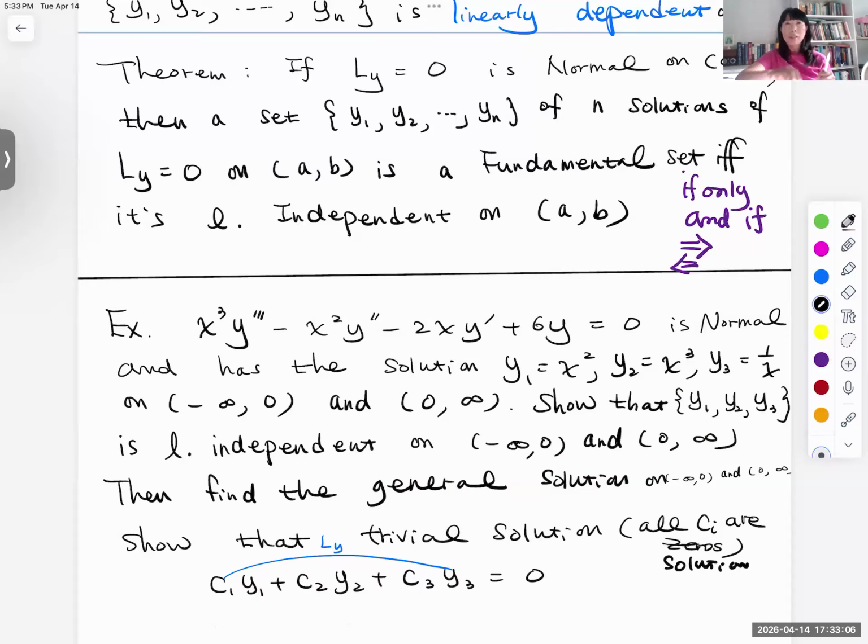All right, so let's substitute y sub 1 equal to x squared, y sub 2 equal to x to the third power, y sub 3 equal to 1 over x.